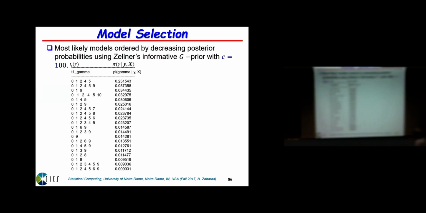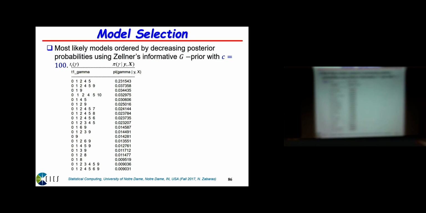This is what you get for the posterior over models. It's a new concept. So on the left, what do you think I have? Each of the rows corresponds to a different model. So row 1 is the model that involves the bias, the first term, the second, the fourth, and the fifth.